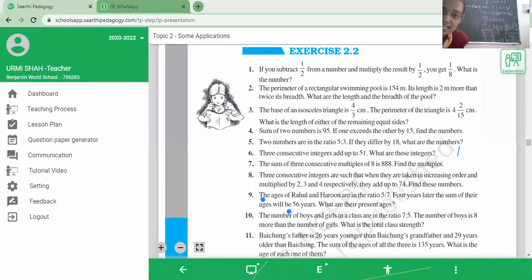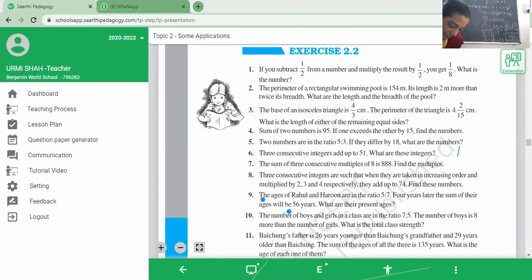The same question, only the digits are different. Everything is the same, only digits are changed, and the method is also the same.